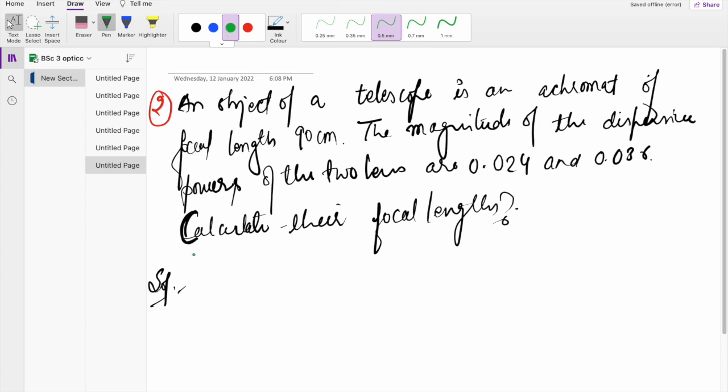What we have given is the dispersive power, say omega 1 is 0.024 and omega 2 is 0.036. The focal length is given, the complete focal length is 90 centimeter.